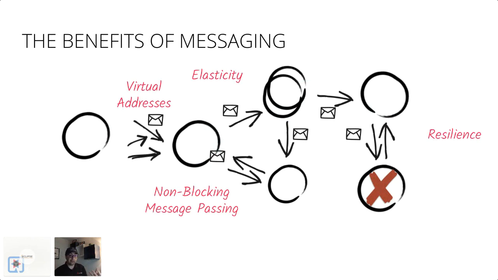Elasticity comes from the fact that the number of consumers behind a virtual address can evolve over time. I can have 1, I can have 2, 3, and so on. I can even go back to 0 because most of the message middleware today implements some kind of durability, which means that even if I don't have any consumers at that time, no problem, the messages are not lost. As soon as one arrives, the processing will start.